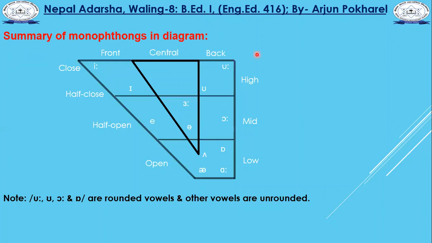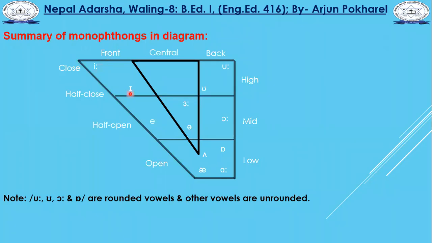Long E is high, front, and this is what? Unrounded. High, front, unrounded, and because of this diacritic mark, this is long.